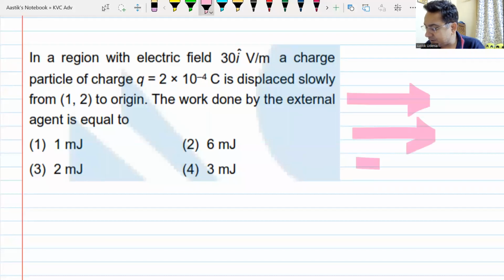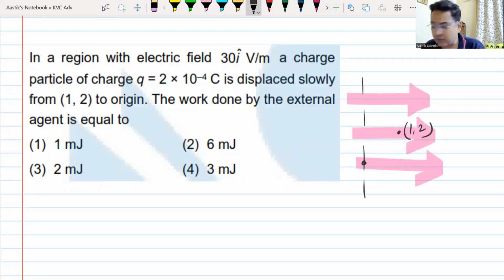I have to move a particle from the origin to the point 1, 2. I can move it in any way; it will not make much difference. So I'll move it like this, and then take it like this. In this path, the work done would be 0. I only have to find out the work done in this path.